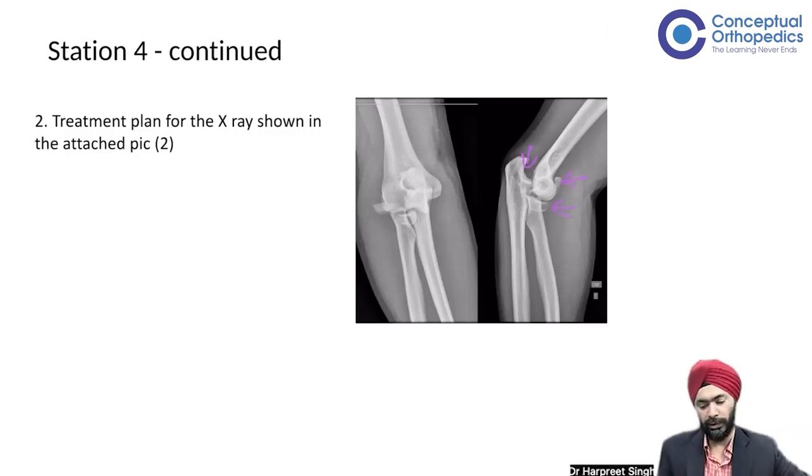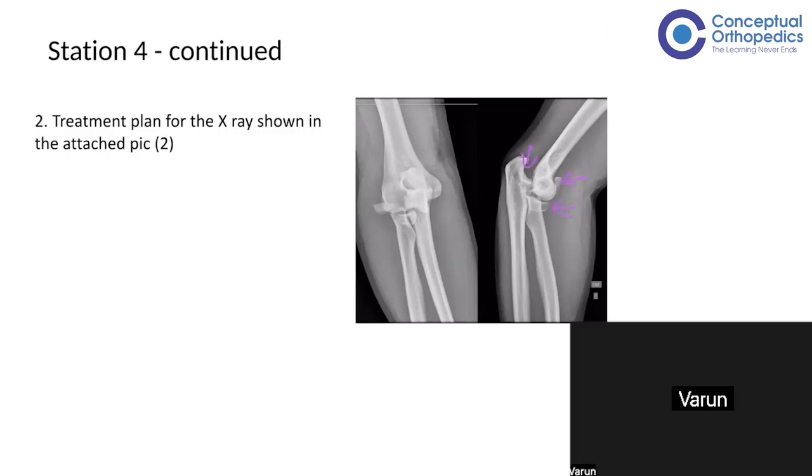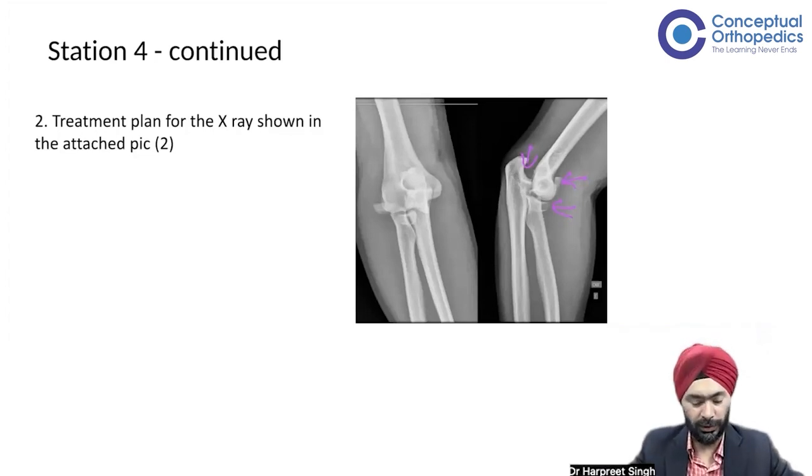Excellent. So how do you plan to treat it? Sir, I would like to do the ATLS protocol and rule out any neurovascular injury. I would like to get a CT scan first. I'll just stop you here. Remember, you have 5 minutes for a station, and whatever you tell me you have to finish in 5 minutes.